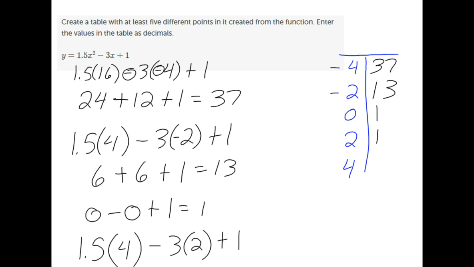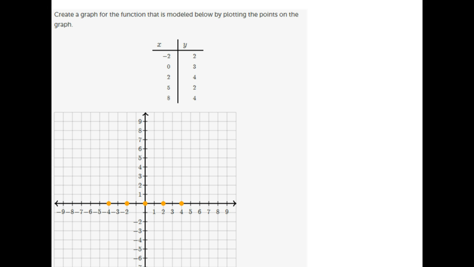All right, next problem. Here again, we just move those points to the location. So the first one, or one of them, it doesn't matter which one, goes to -2, 2. Another one goes to 0, 3. Another one to 2, 4.